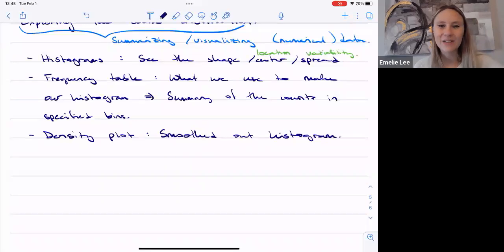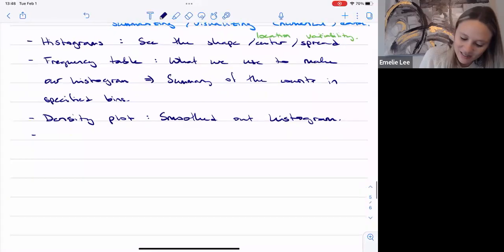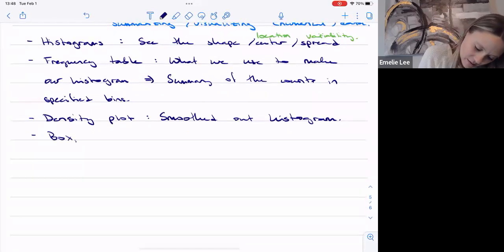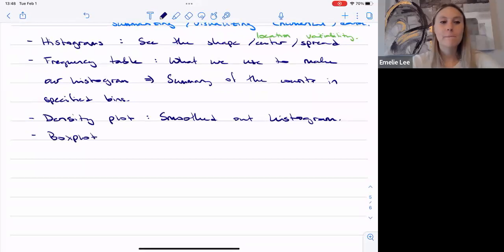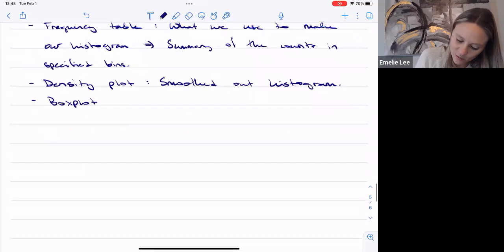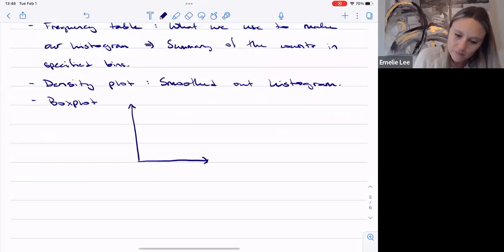Okay. And then finally, because I know I'm running low on time here, we have a box plot. A box plot also helps us visualize the distribution. If we have our number scale here, there's nothing really happening on the x-axis, but we do have these components.